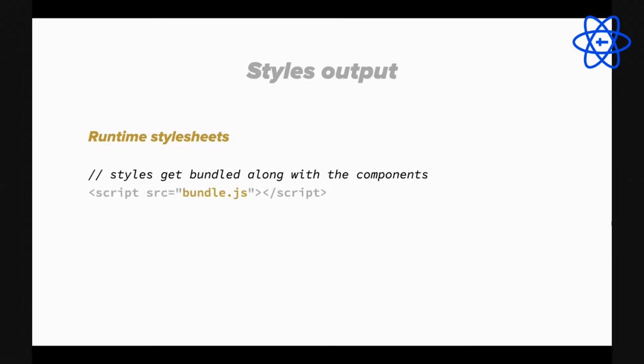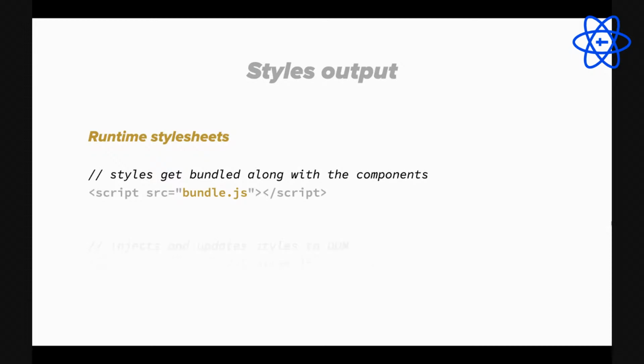Using Runtime Stylesheets, it's important to mention that most CSS-in-JS libraries implement this method. Basically, when we define all the styles, they are within the JavaScript files, along with the components that we defined. So when we build our application using whatever bundler we have, we get a huge JavaScript bundle that contains the components, the application logic, but also the style definitions as well.